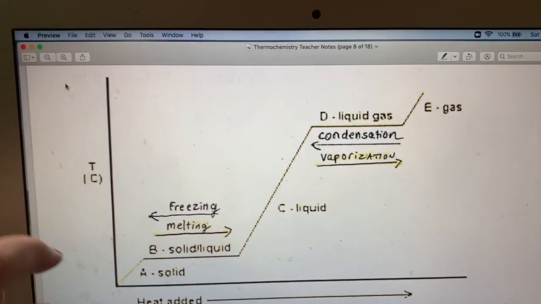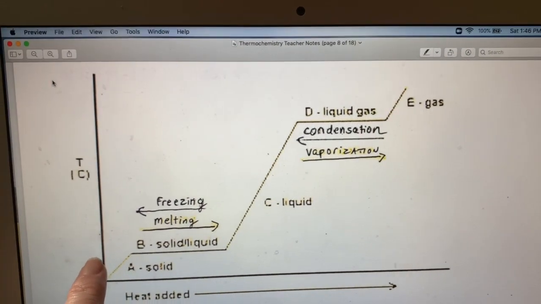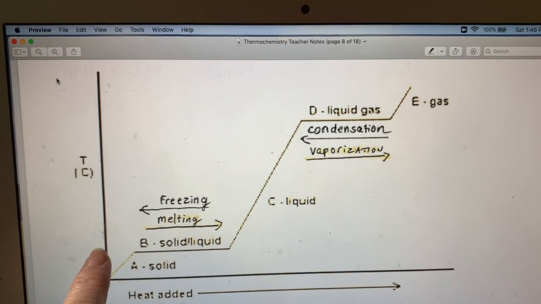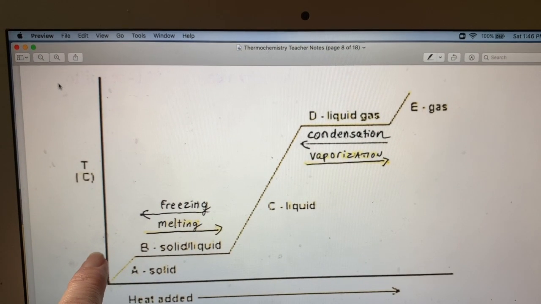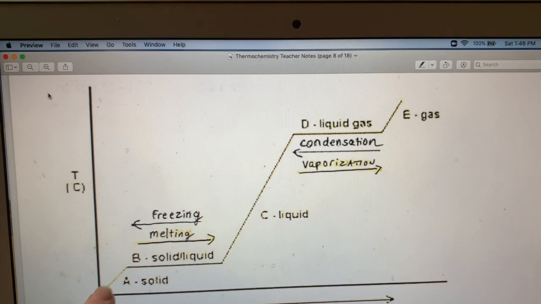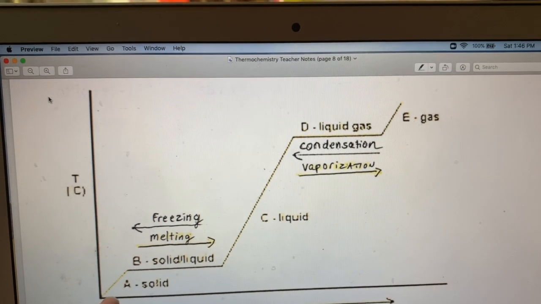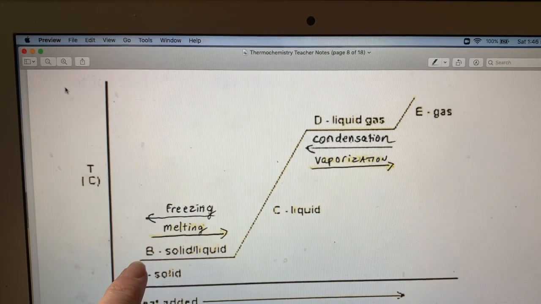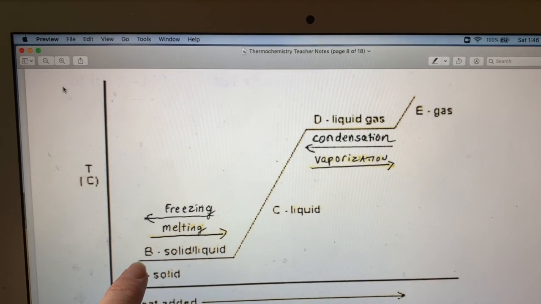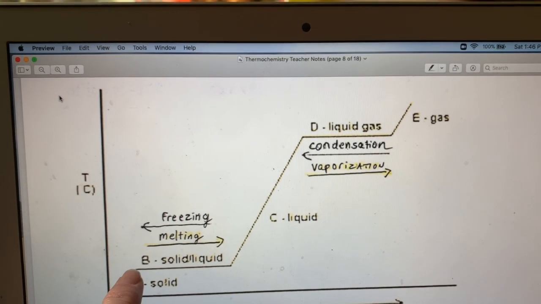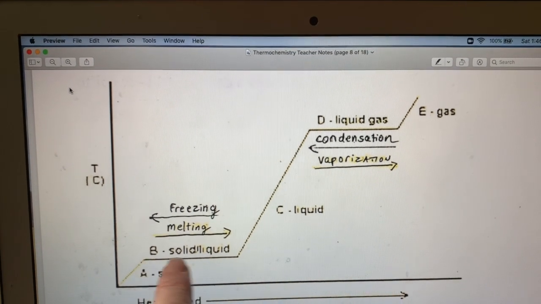So let's take a look to see what's happening. Down here, and I know the numbers aren't written in, but we would assume if we're talking about water that this would be right here at 0 degrees. And certainly water can be below 0 degrees. It would be an ice cube. My temperature is going to raise until I get to that melting point. I'm then going to melt. So you see this plateau.